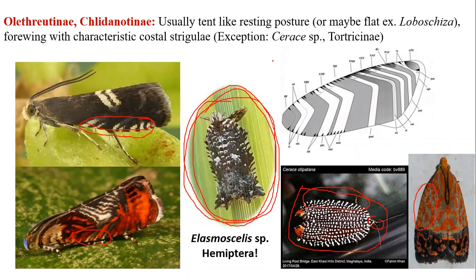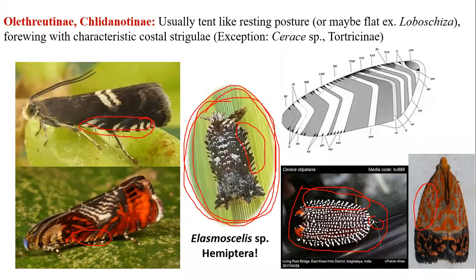And I think that some other members of Hemiptera order, like some members belonging to family Ricaniidae, which are planthoppers, also appear to be like moths, or they also have this characteristic, which is costal strigulae. I think that there's something common between them.